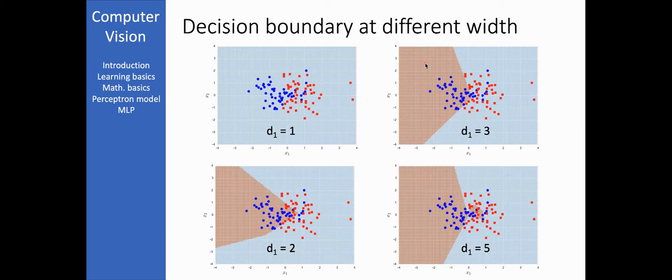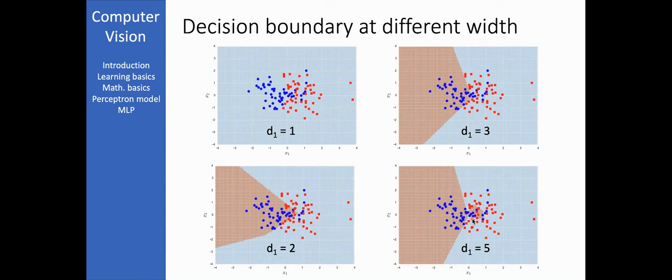I can use more complicated models, increasing D1 to 3 or even 5, and as we increase the width of the hidden layer, I'm able to create even more complex decision boundaries. So my model becomes even more flexible.